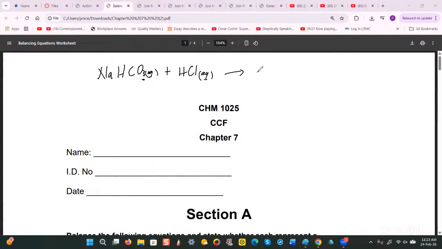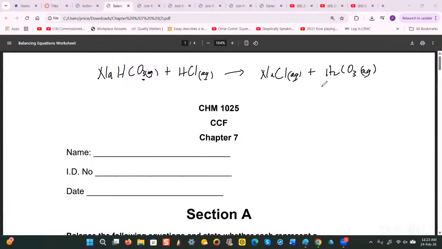Now one would predict that a double displacement reaction will occur, which actually happens in this case, where the sodium displaces the hydrogen to form sodium chloride, which would be an aqueous solution, and the hydrogen will displace the sodium to form H2CO3. And this is also aqueous.